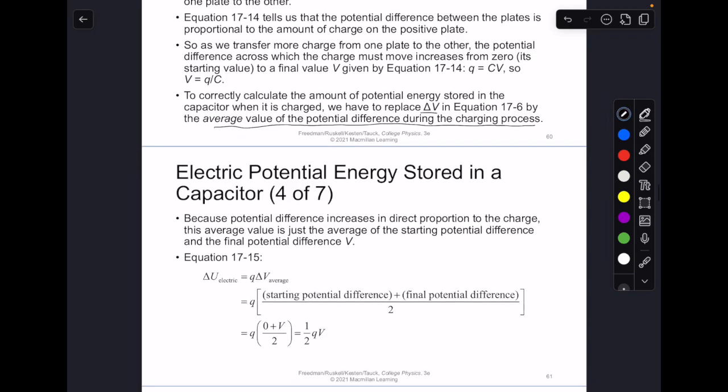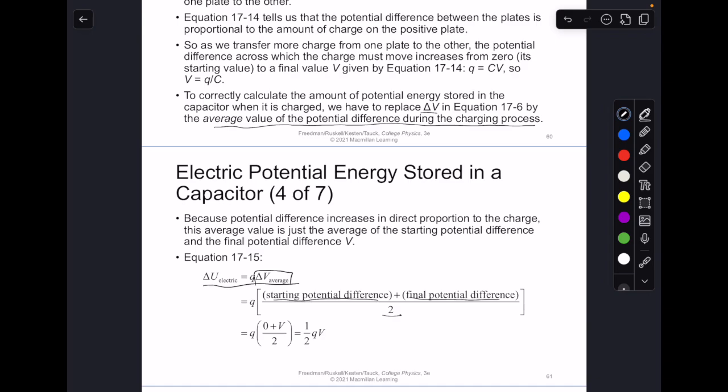So plugging in the average potential during the charging process into the energy form, we can define the starting potential plus the final potential, divided by 2, as the average potential difference.